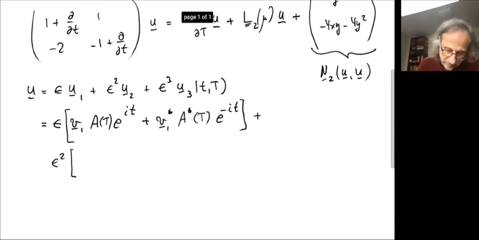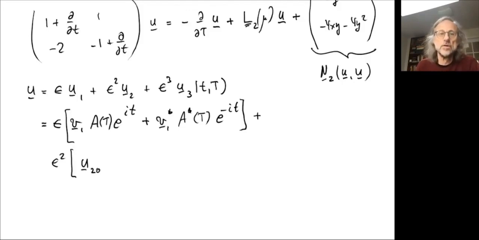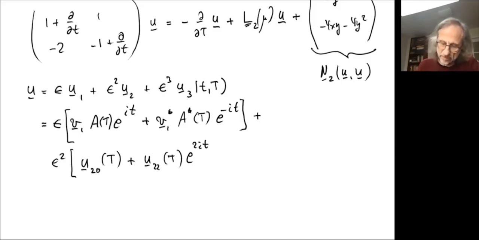So I'm going to write down a u2,0, for second order, 0 standing for no fast time dependence. This will depend on slow time. Then there will be a u22, also depending on slow time, but with e to the 2it, from the squaring. And there will be a u2,minus 2, which will be e to the minus 2it.